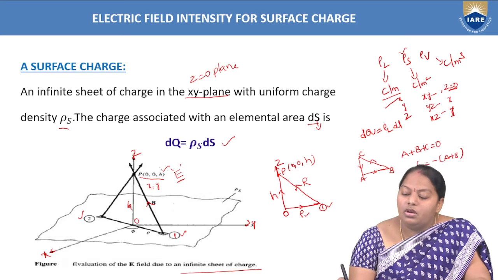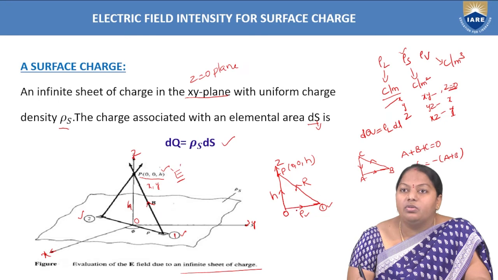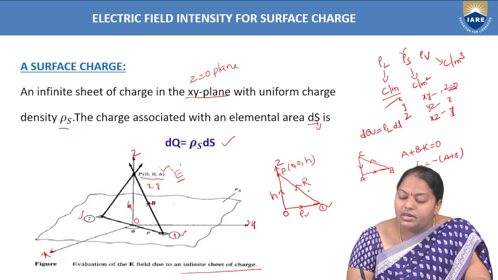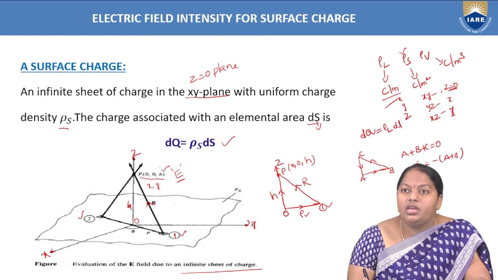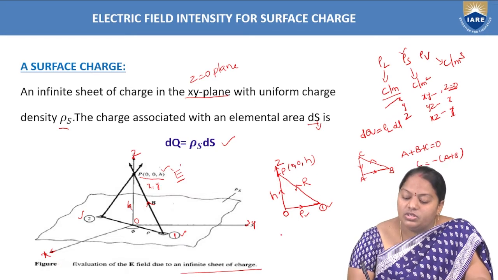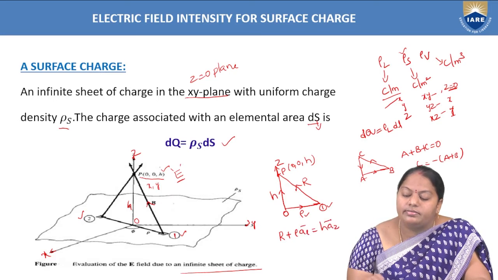Right? So now in a similar way, if we analyze this triangle, first we need to consider the directions of the three components. So here rho direction and R direction will be the same, and H direction will be opposite to these two. Hence, from this equation, we'll write R plus rho a rho equal to H a z.